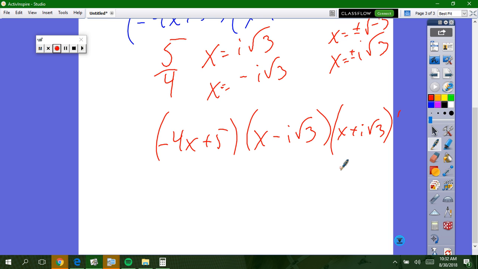See how each of them have multiplicity of 1? Right? What do they add up to be? 3. Shouldn't it add up to be 3? Why? It was an x cubed, huh? So the most zeros I could have is how many? 3. And I have all of them. 2 of them are just imaginary. Right? Okay?